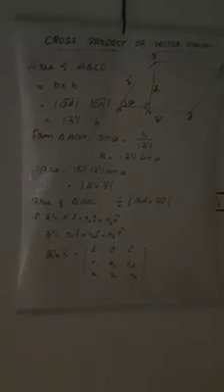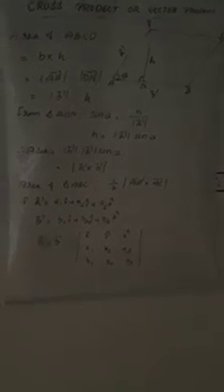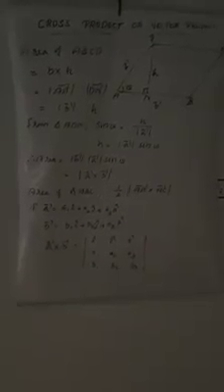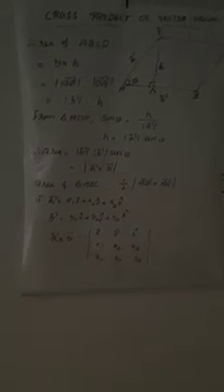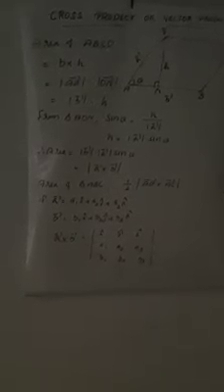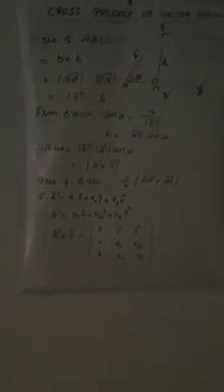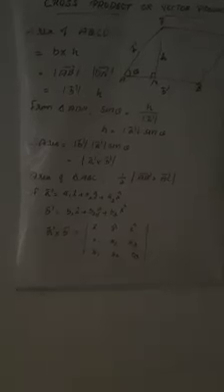Area of triangle ABC is half of modulus of vector AB cross vector AC, where AB and AC are any two sides of the triangle. Area of the parallelogram ABCD is modulus of A cross B, where A and B are the adjacent sides of the parallelogram. And area of the triangle is half of modulus of AB cross AC, where AB and AC are the sides of the triangle.